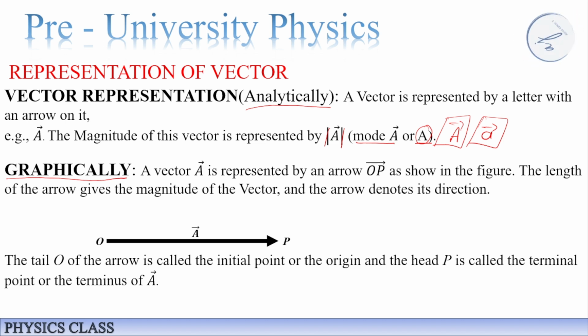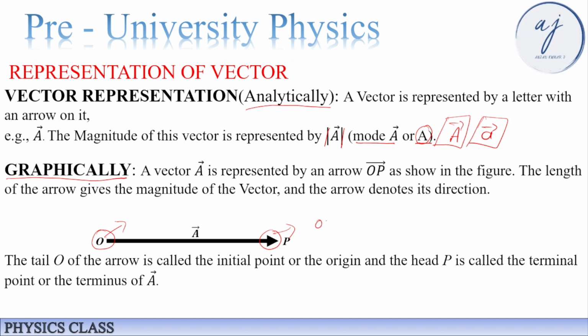Graphically, how do we represent a vector? As we have shown, we draw a straight line with an arrowhead, or you can just call it an arrow, OP. Here, O is the tail, the origin of the vector, and this arrowhead is called the head, the terminal of the vector.